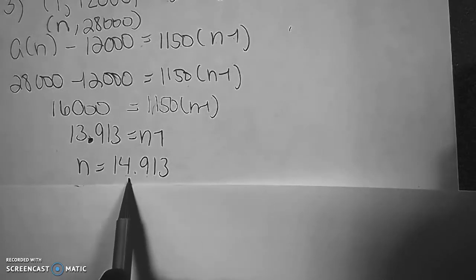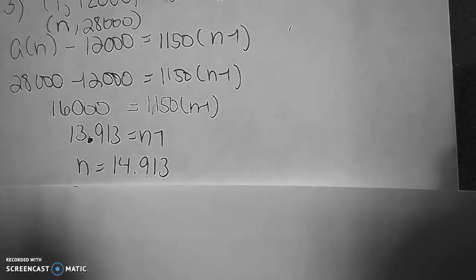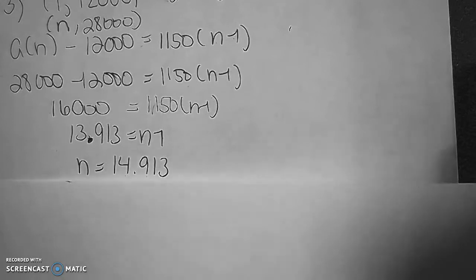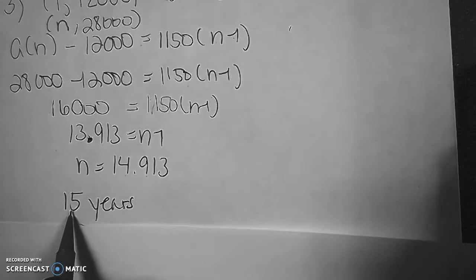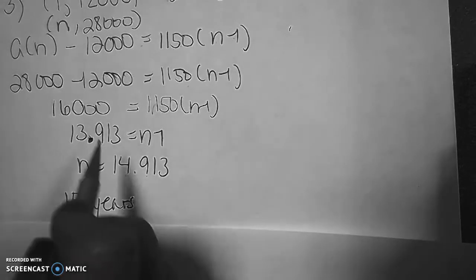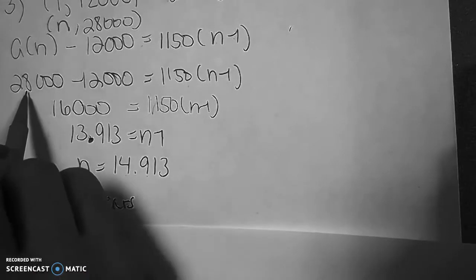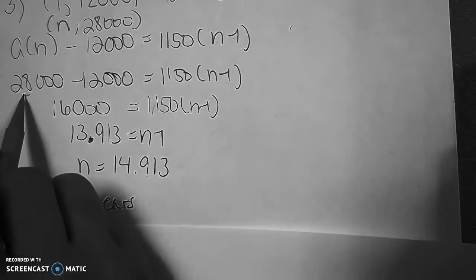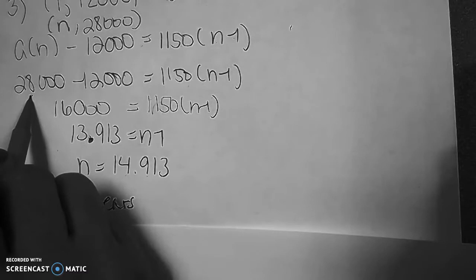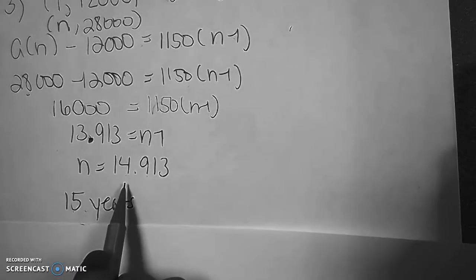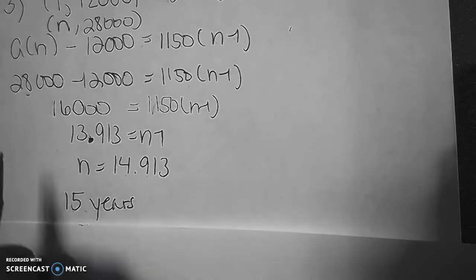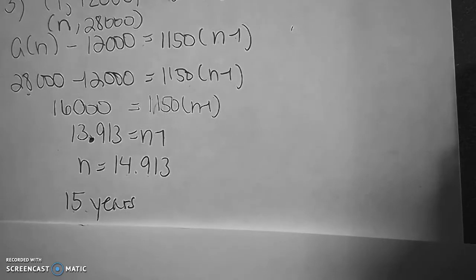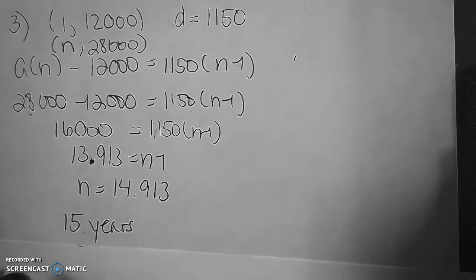No. During year 14, you're going to make a set amount that entire year. So in the 15th year, at the beginning of year 15, is when your salary will increase to the 28,000. At the beginning of year 14, you were not making 28,000. I want to make sure you understand that.